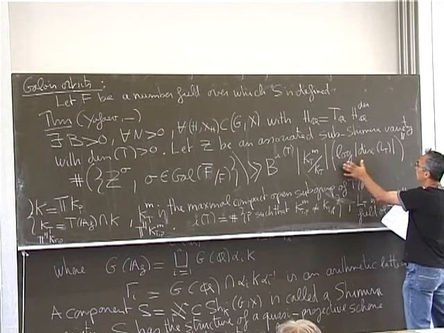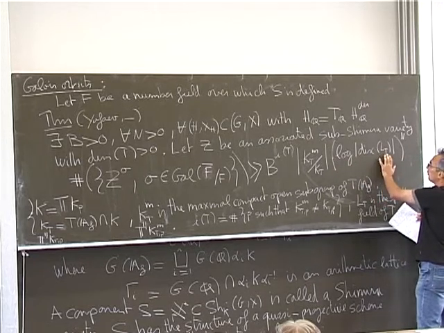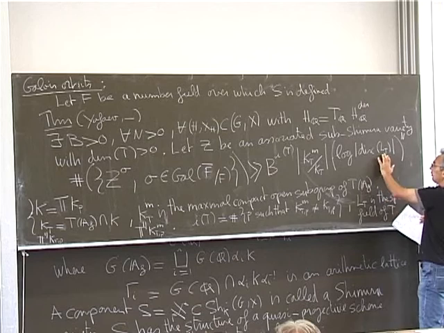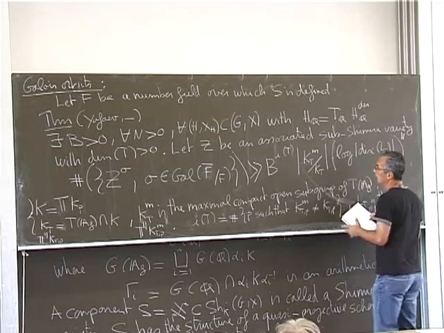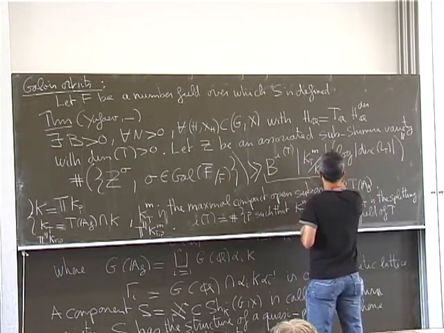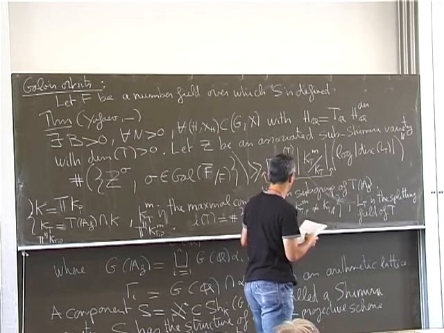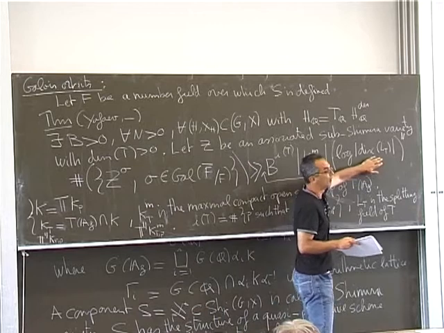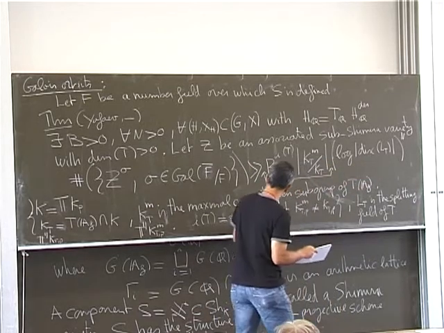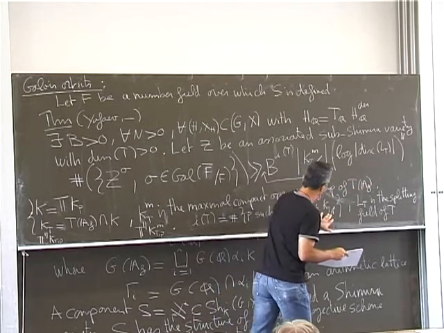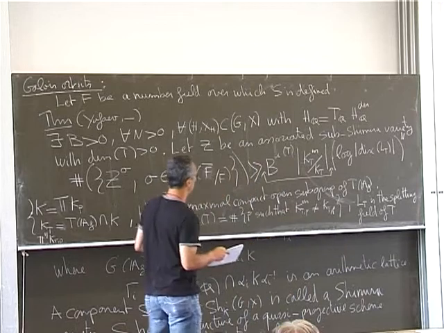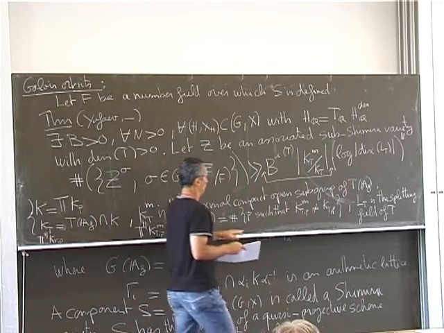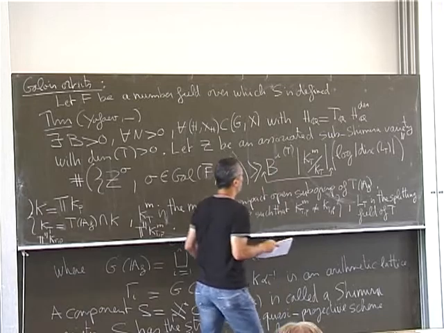One way is when the discriminant of the splitting field of T is big, and the other way is when you have a lot of primes, this one is fixed, and you have a lot of p such that K_{T,p}^M is not K_{T,p}.